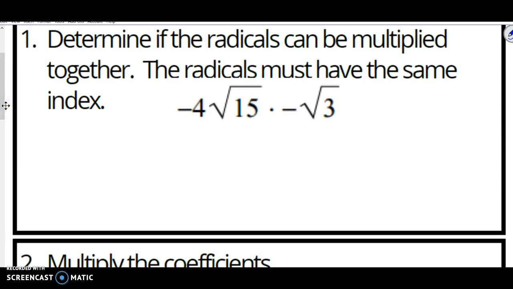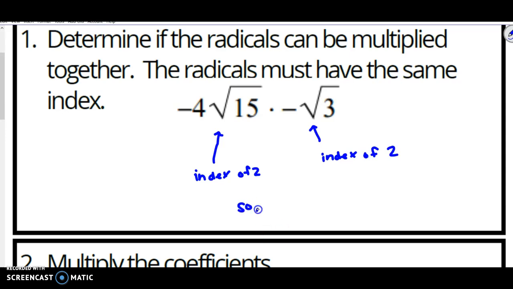All right, so the first thing we look at is, like I said, the index. So this is an index of 2, and this is an index of 2, and sorry that handwriting is so small.